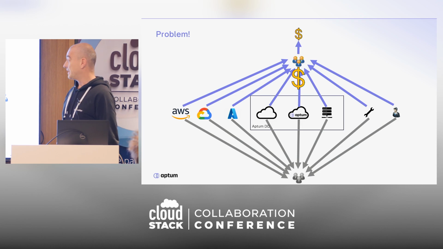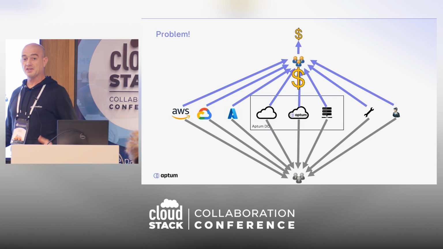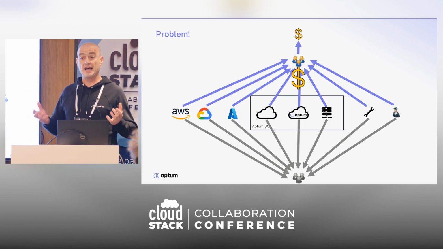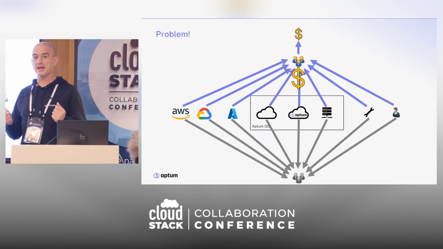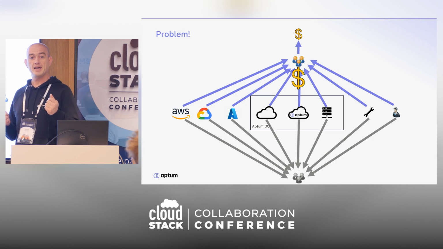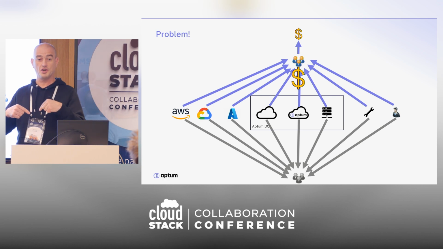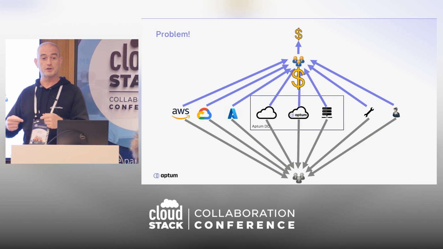And it got further complicated by the fact that we realized that internally within Aptum, we use all of these services ourselves. And we were really struggling to identify which teams in which part of the organization were consuming a quantity of resources.